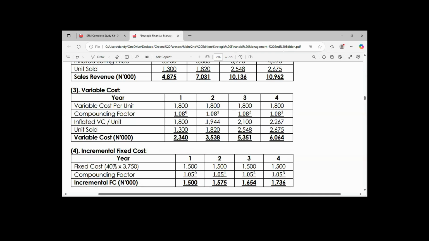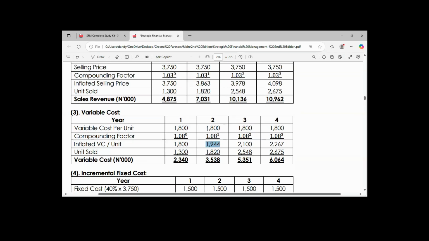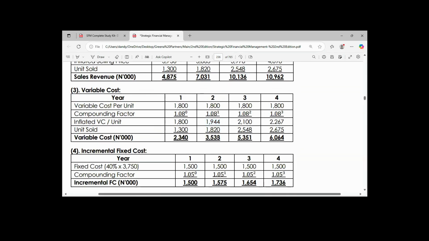Then in the second year, the inflated variable cost is 1944. The number of units in the second year is 1820. When you multiply that, we have 3538. In the third year, the inflated variable cost is 2100, multiplied by the units produced of 2548.